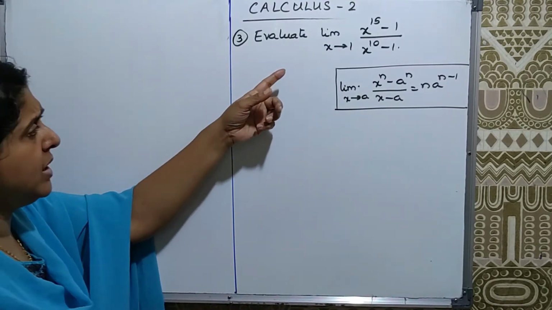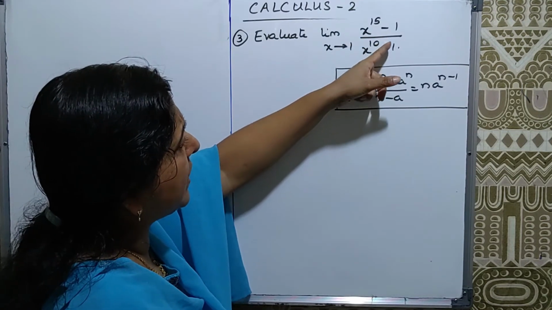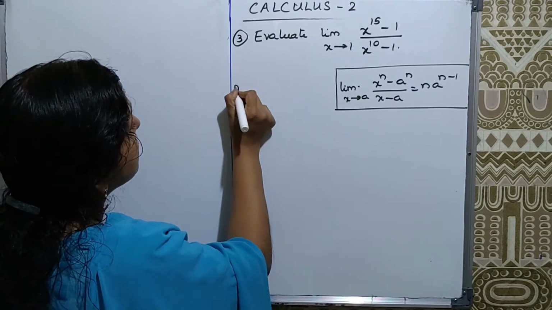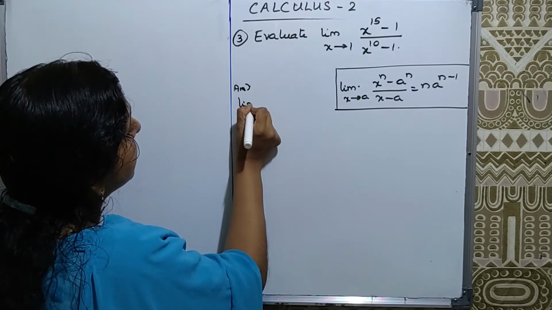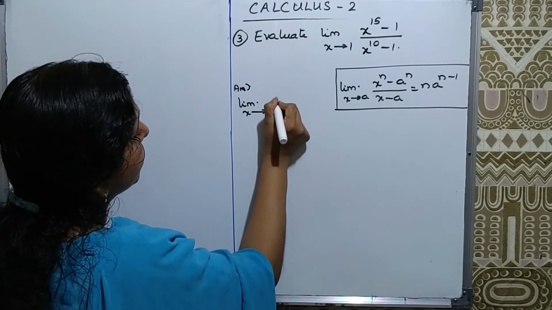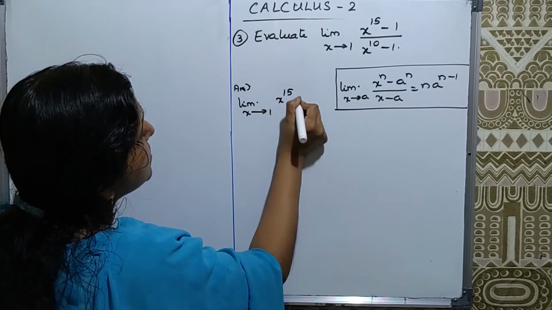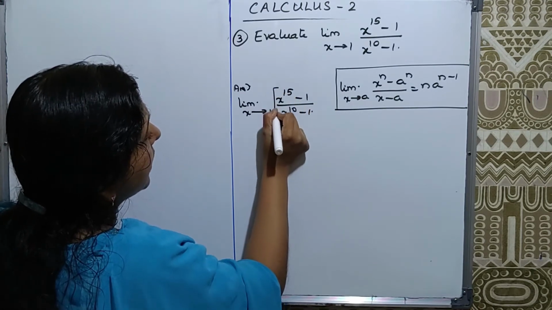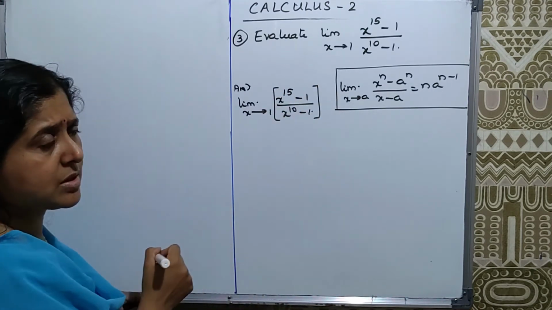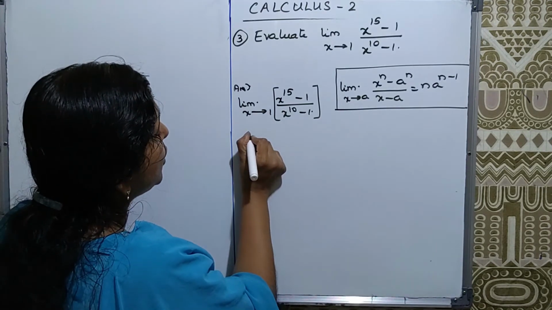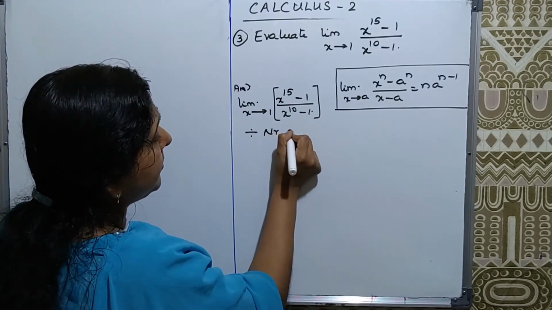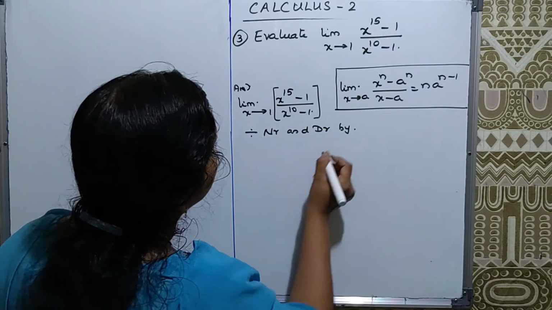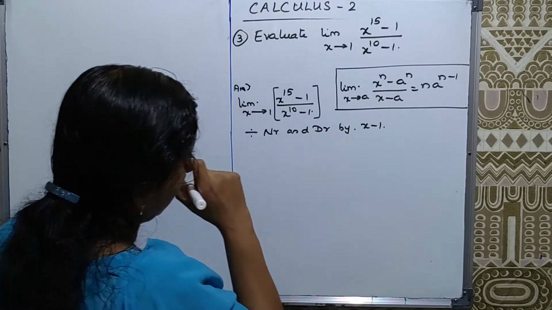Limit x tends to 1, x raised to 15 minus 1 divided by x raised to 10 minus 1. Again we will write that answer as limit x tends to 1, x raised to 15 minus 1 divided by x raised to 10 minus 1. Now again we will divide the numerator and denominator by x minus 1.